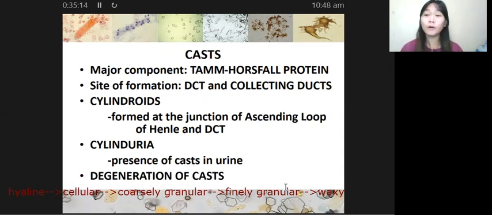So yun yung essence, okay, or significance kung bakit ko tinuturo ang degeneration of casts para maintindihan natin yung gravity. Yung gravity or yung degree of the disease. Okay, yung severity ng disease natin para maintindihan natin. Okay, so yan. So I hope everything is clear.